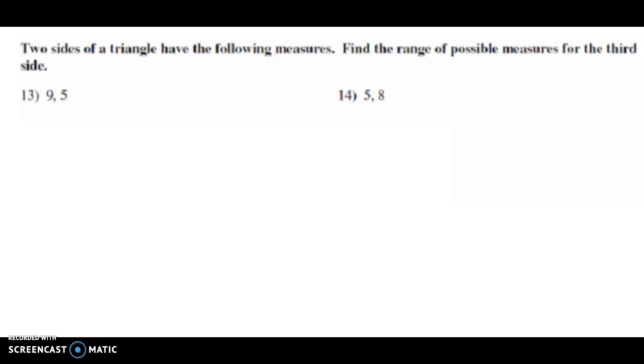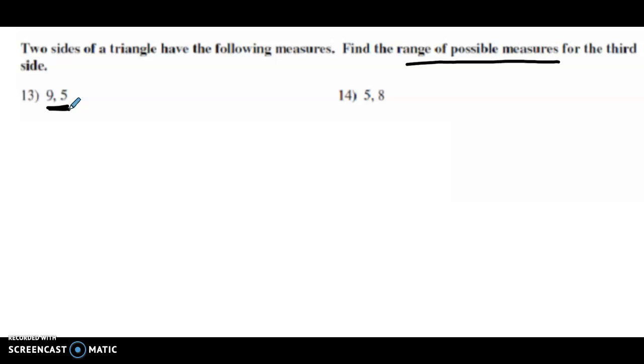Okay? Now, what happens if we're given two sides and we're asked to find the range of possible measures for the third side? Well, now this gets a little bit trickier, but we can still do it. What we're going to do is think of two possible scenarios. The first scenario is that these two sides, 9 and 5, are the two smallest sides, and therefore we need to put a limit on what the largest side can be.